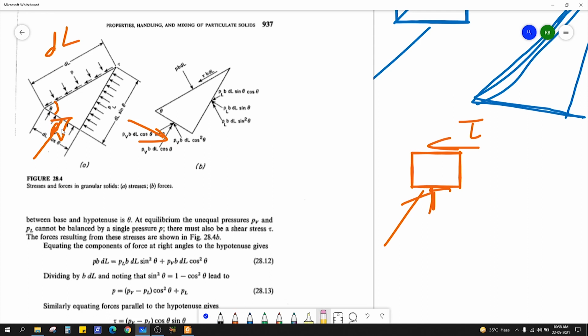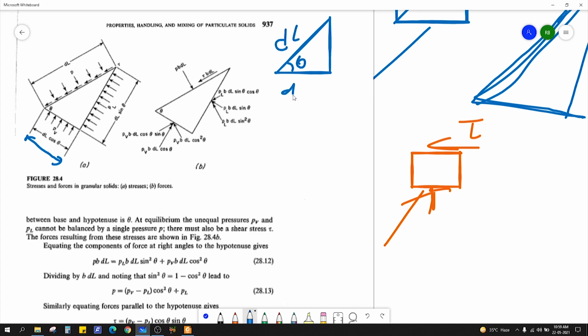So let me erase this. Okay, so if this is the PV, then what is this length? Definitely this is the hypotenuse, right? So you have hypotenuse and theta. If it is DL, then what is this? DL cos theta, right? And this is DL sin theta.